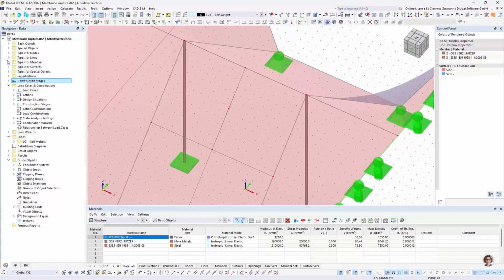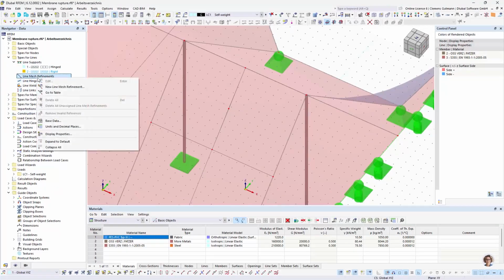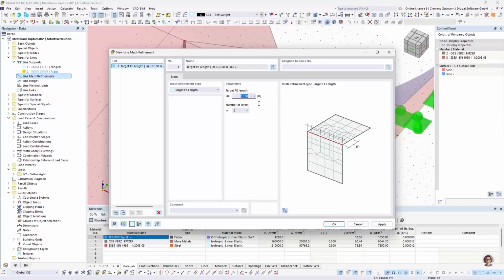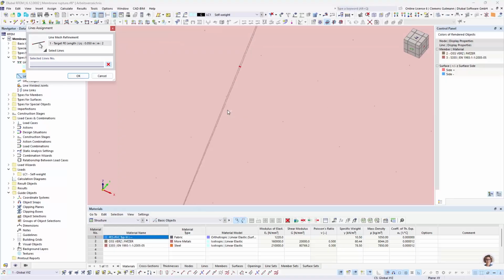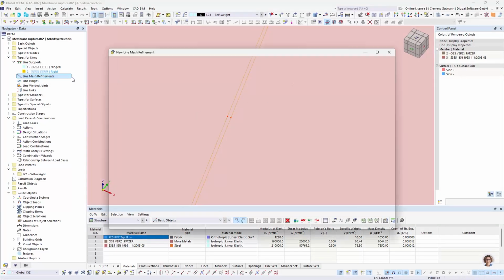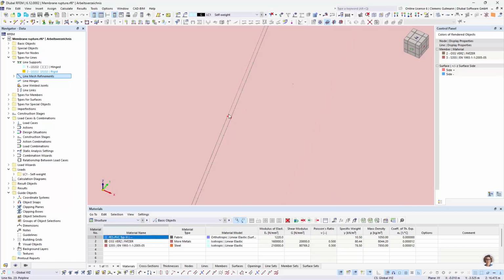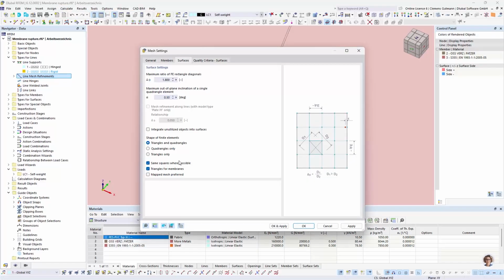Nonetheless, we need some mesh refinement here, and I'm going to apply a mesh refinement of 5 centimeters to these lines. Okay, and then we're going to have the issue that this is very, very small in the beginning, and by default the meshes of membranes are triangles, also for plane surfaces.